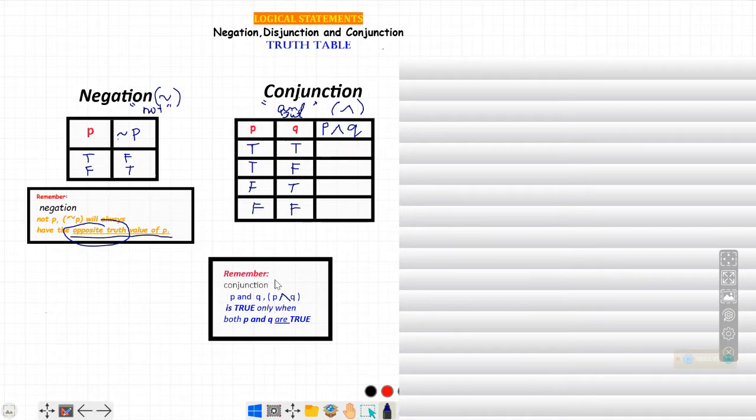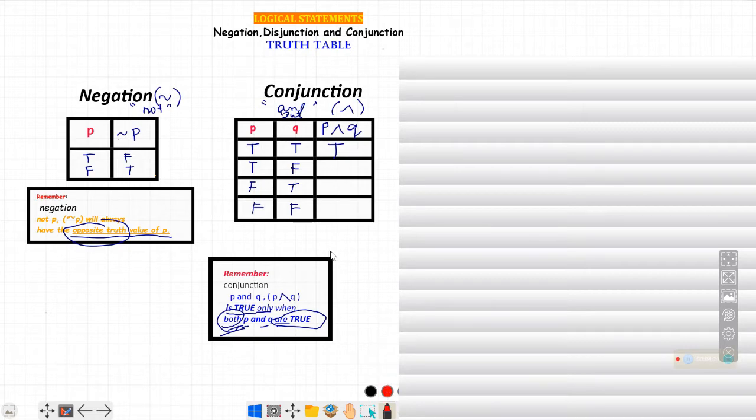In a conjunction, you always need to remember that P and Q is true only when both P and Q are true. So let's take a look at this. P and Q are both true, so the truth value of this will be true.